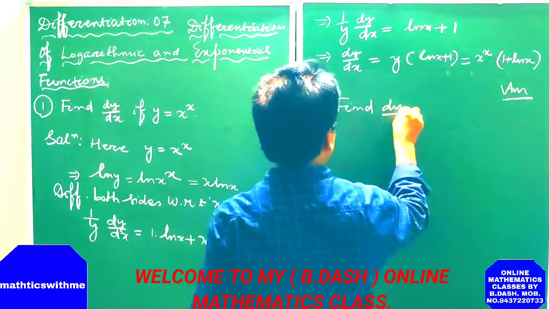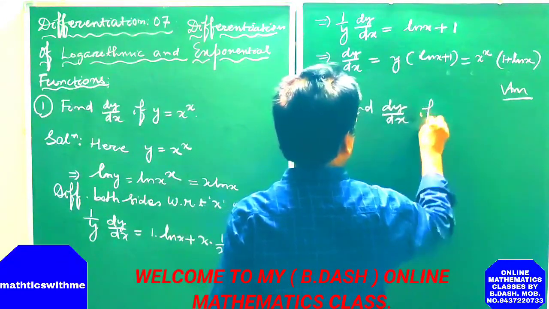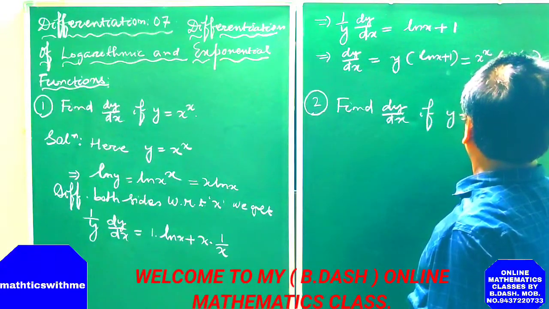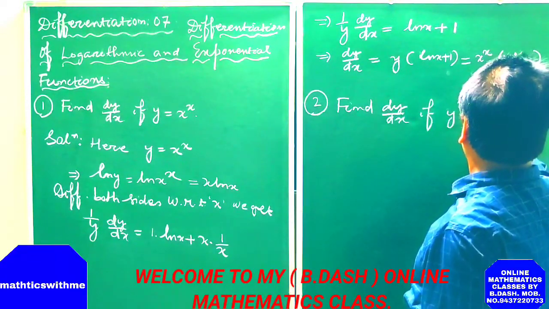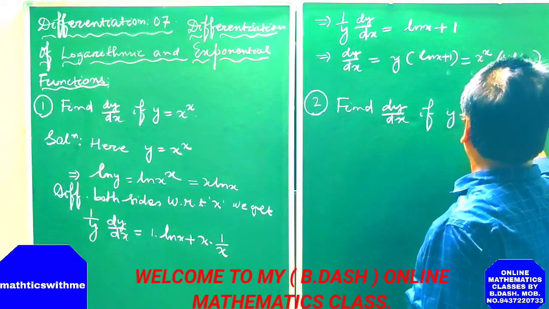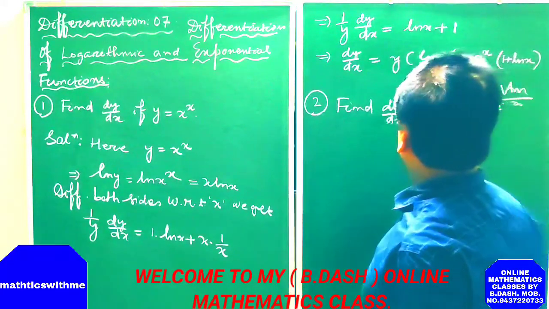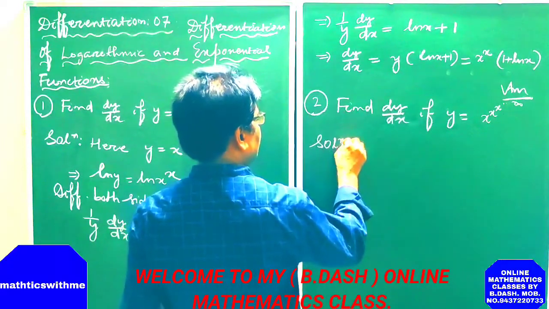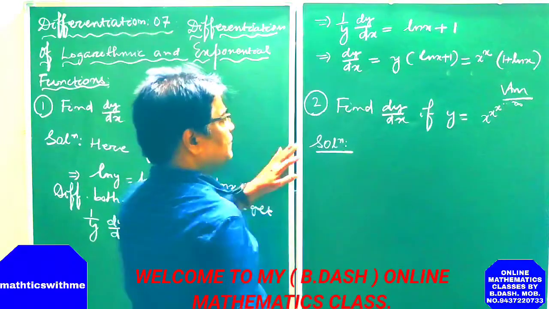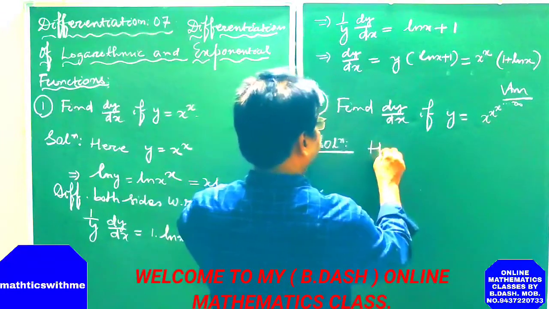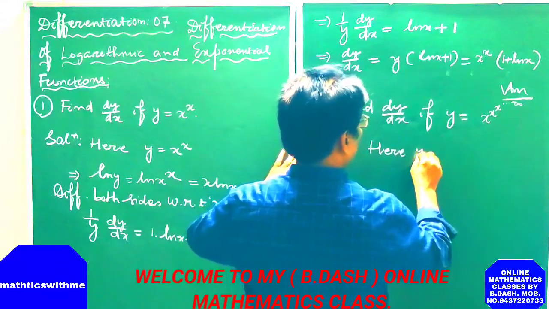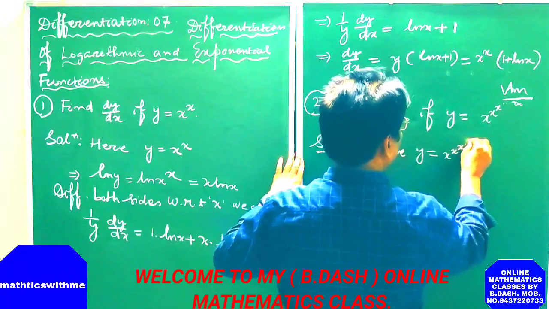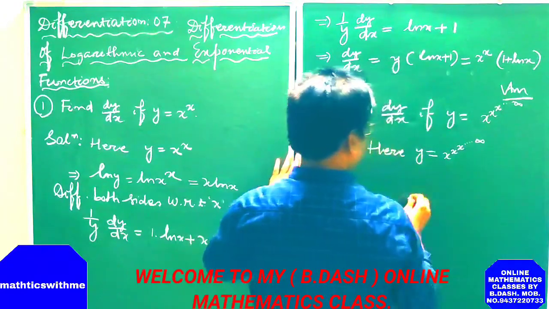Find dy by dx if y is equal to x to the power x to the power x up to infinity. So now we have to find dy by dx. Now solution. Here y is equal to x to the power x to the power x up to infinity.